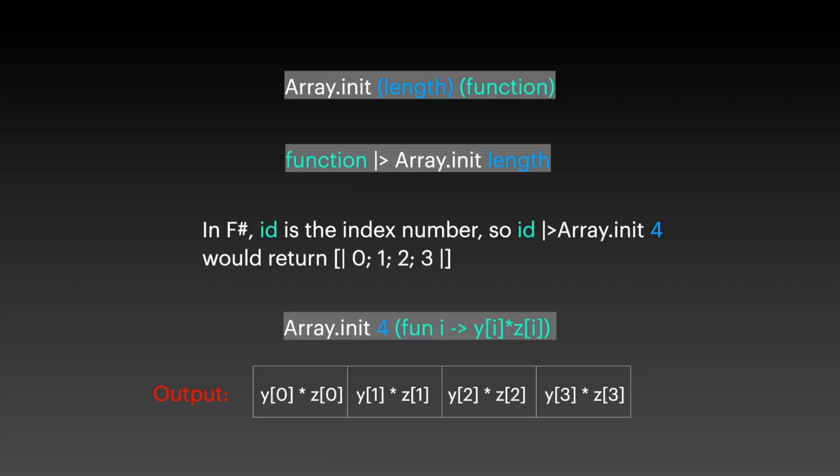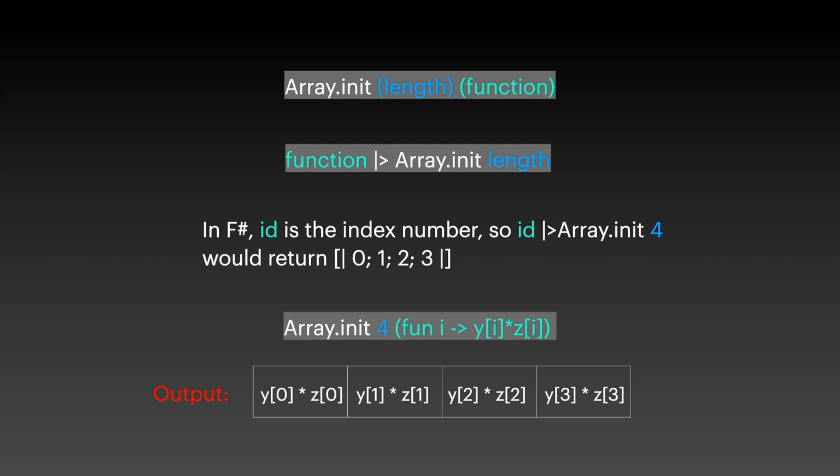The first function we'll go over is Array.init, which takes in two parameters. One is an integer that determines the length of the array, and the next is a function that initializes each element. And the top two lines are equivalent, just different ways that we could pass them in by using the pipe operator. We can also use id, the identity function, to just return the index number.